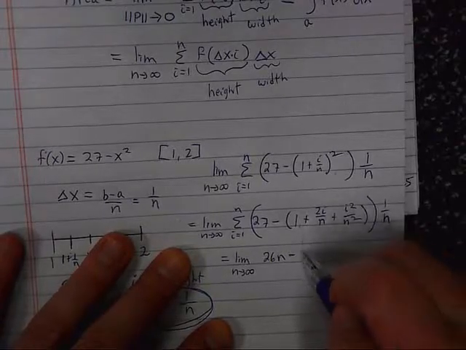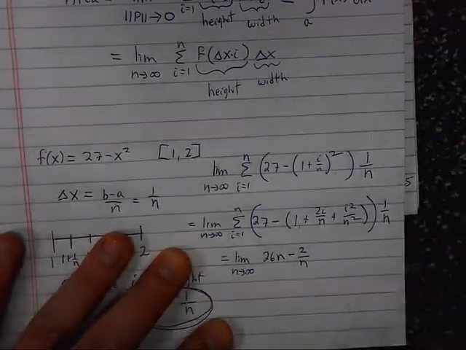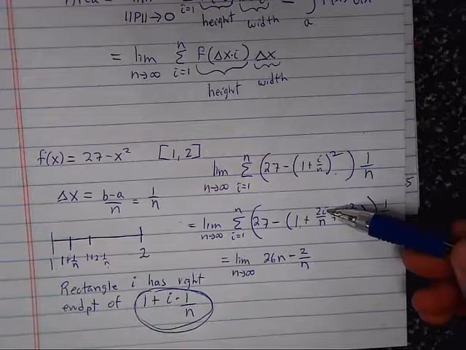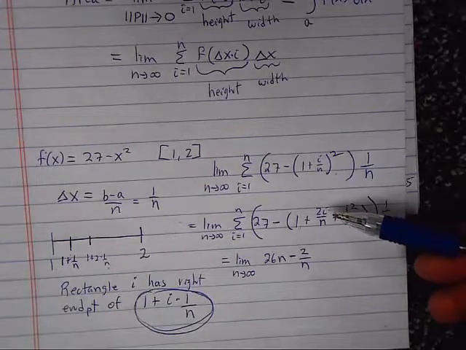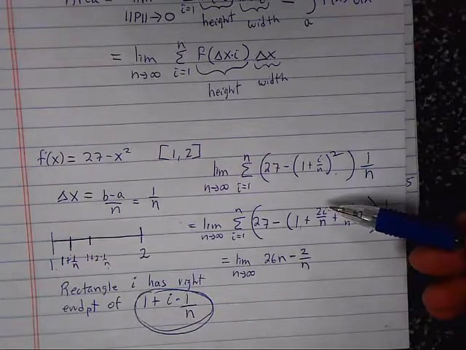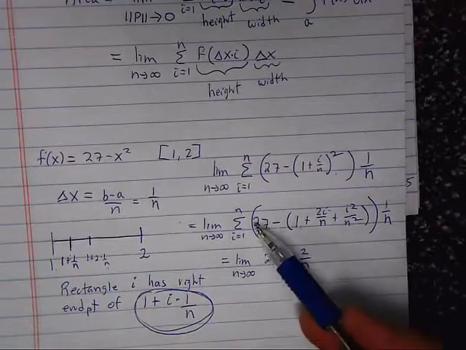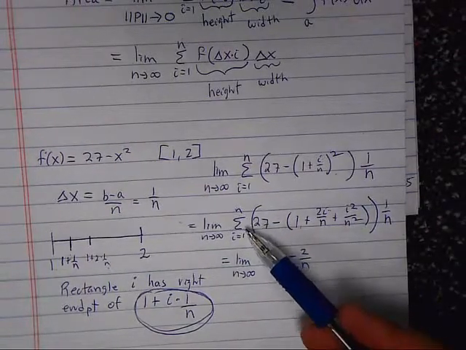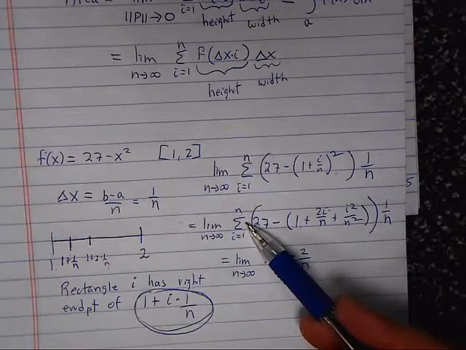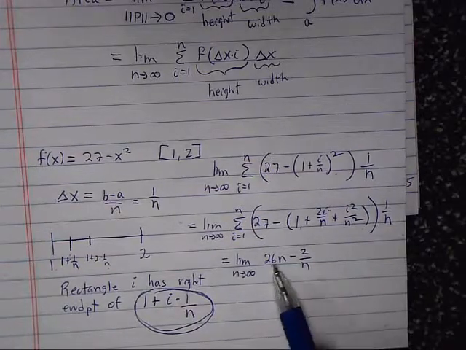Minus, I've got the 2 over n, and then I have i. So I've got to add 1 plus 2 plus 3 plus 4 all the way up to n. I'm getting rid of the summation. I'm using my summation formulas now. So that's why I had the 26n there.